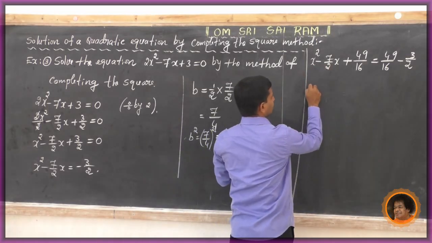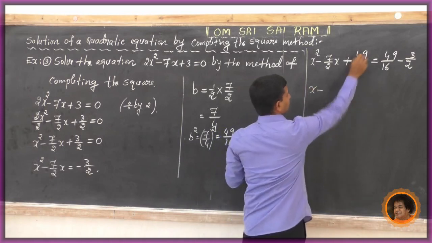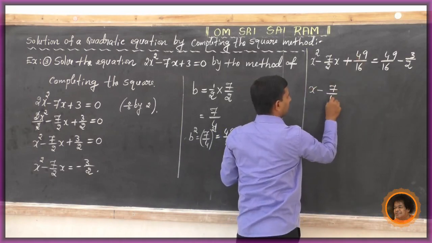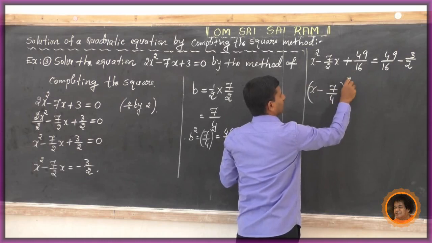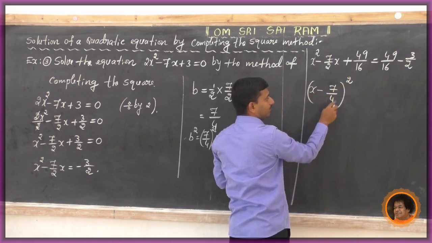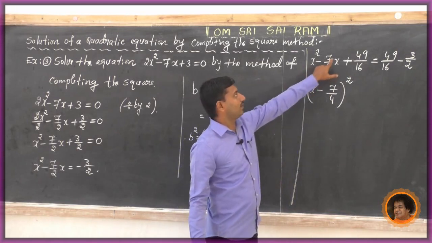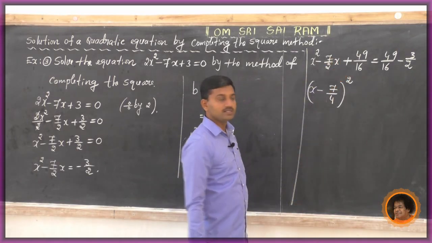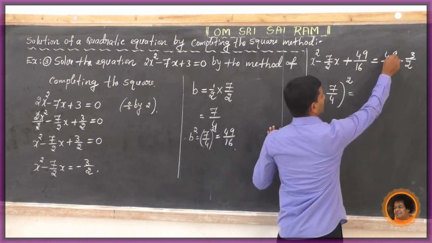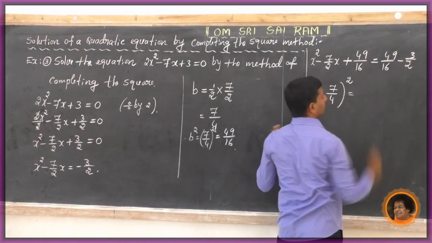So we can write it as (x minus 7 by 4) whole square. When we expand (x minus 7 by 4) whole square using the identity, we get x square minus 7 by 2 x plus 49 by 16.